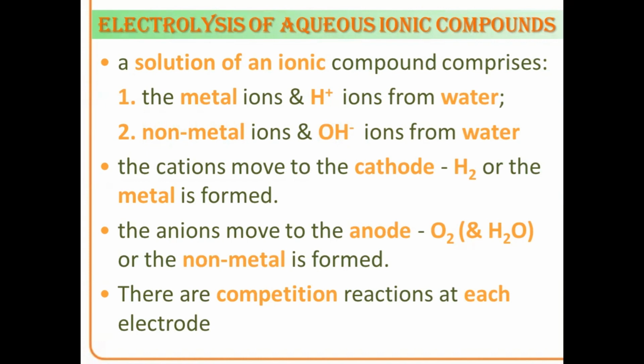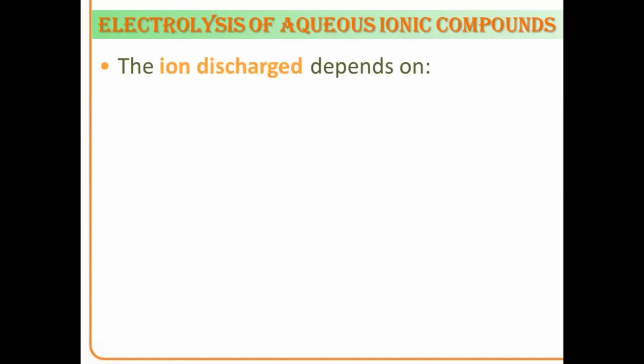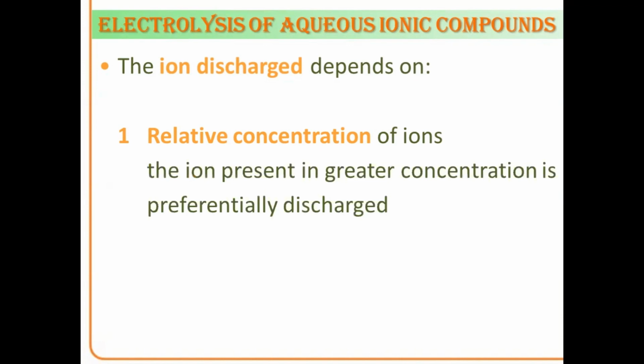Which one is going to be discharged? There is going to be competition. Now, the ion that is discharged in this process depends on two things. Number one, there is the relative concentration of ions. As a rule of thumb, the ion that is present in greater concentration is preferentially discharged. Number two, we have the relative reactivity.